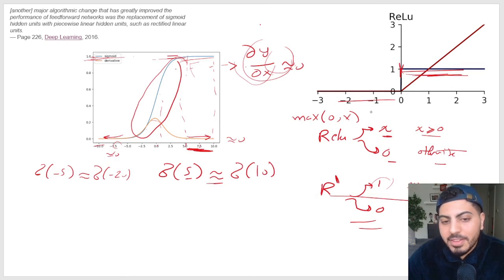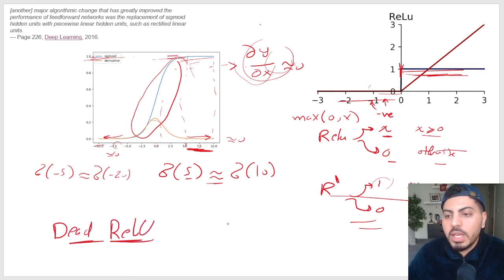But ReLU also has a problem, which is on the negative end. If it gets an input which is negative, it will return 0. So there is another problem with ReLU. It's called dead ReLU.